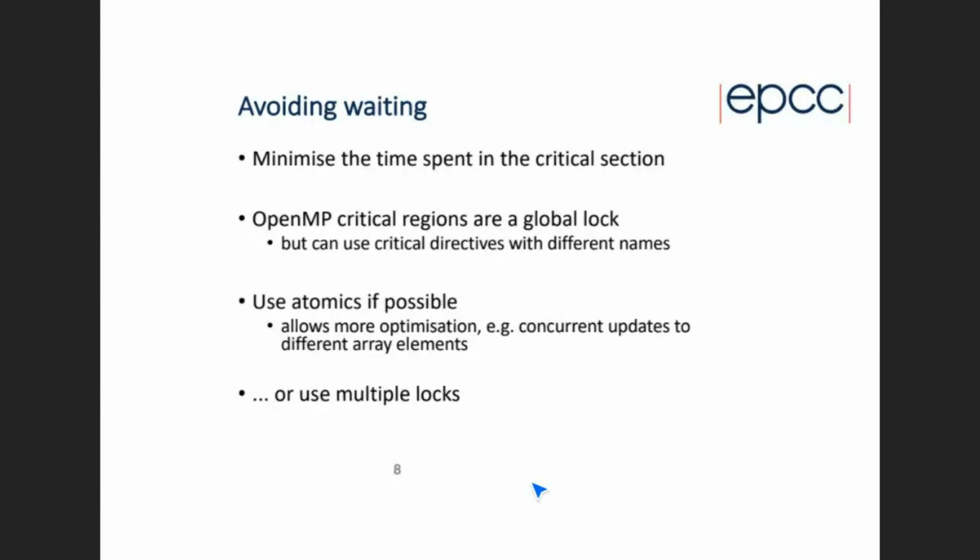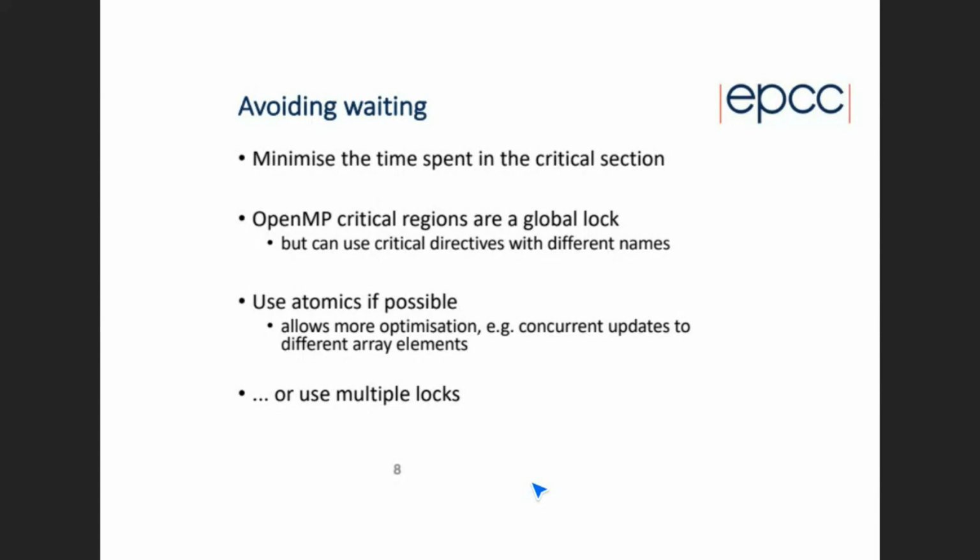OpenMP critical regions are really just a global lock. But you can use critical directives with different names to protect different sections of code that don't need mutual exclusion from each other. It's probably always best to use atomics if possible, and it allows more optimization.